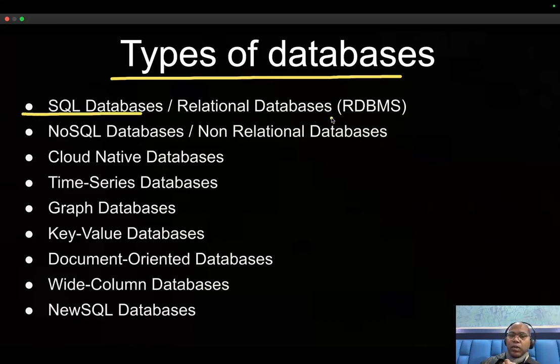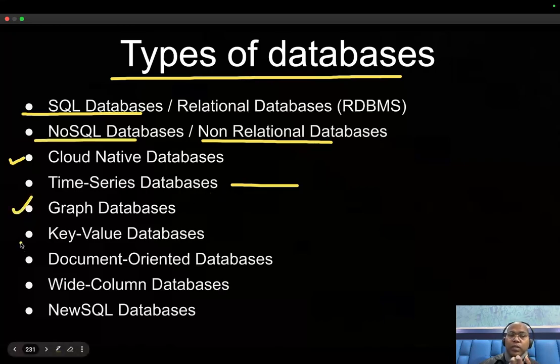After that, the NoSQL database, which is non-relational, and even cloud-native databases. Sometimes we use time series databases, graph databases, key-value databases, document-oriented databases, wide-column databases, and NewSQL databases. Depending on the nature of your data and your business requirements, these different types of database software are available.